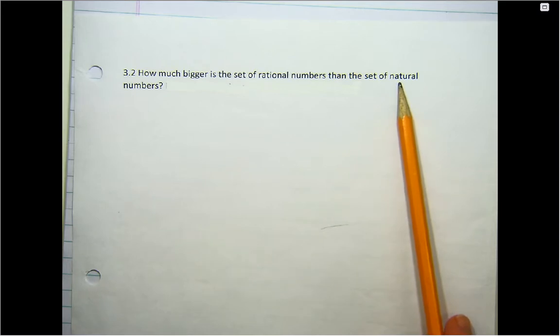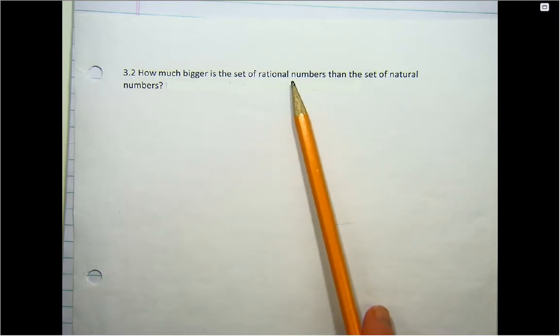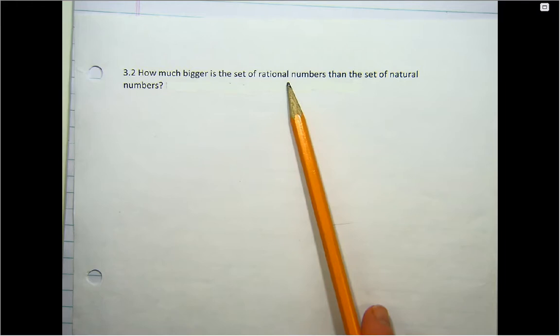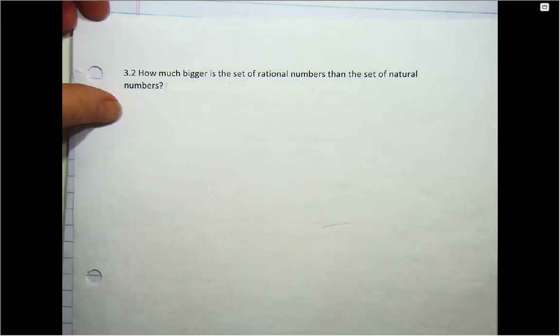So if you look at the positive integers 2 and 3, there's not another number in between those. And yet, with the rational numbers, if you had 2/3 and 1/2, you could find another fraction in between those two. So this is a question that we will be looking at later on in the section. We'll come back to that.